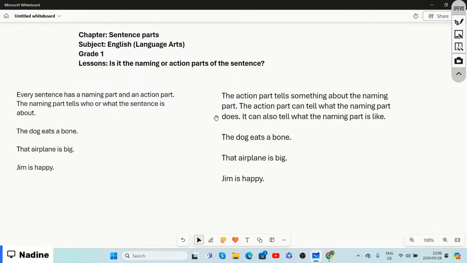All right. So every sentence has a naming part and it has an action part, right?